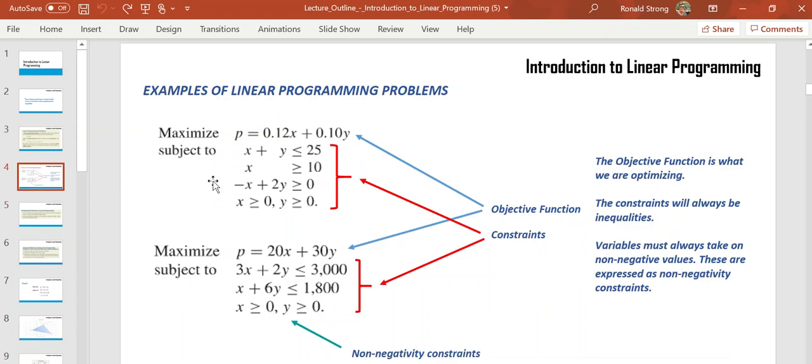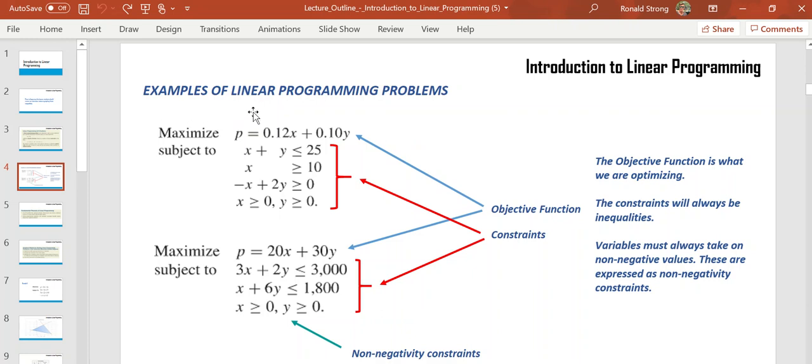So, here is an example of a typical linear programming problem that you're going to be seeing for the next 2 weeks. It starts off by saying maximize P equals 0.12x plus 0.10y. That is the objective function. That is what we want to, in this case, maximize.